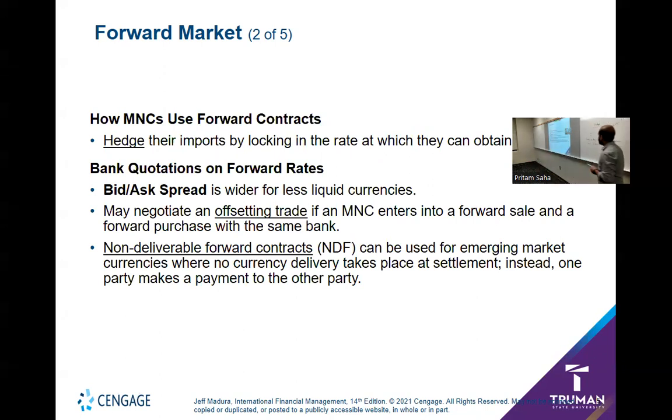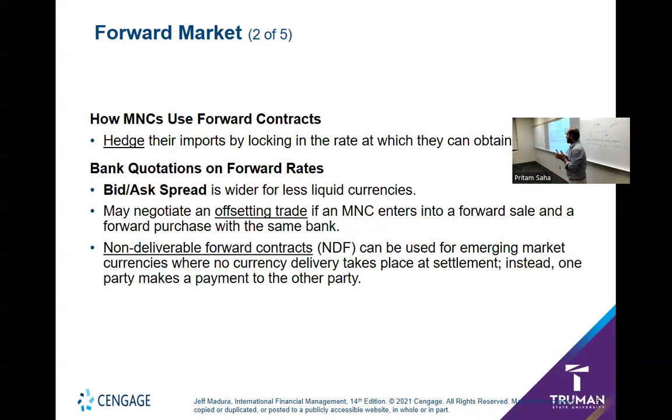So we already talked about this one, right? And we also know what is bid and ask spread. Similar to the spot market, financial institutions, which means banks, provide bid and ask quote for different currencies, right?